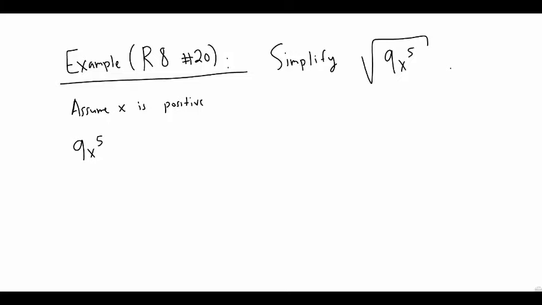So we want to factor it as a product of perfect squares times a factor that has no perfect square in it.